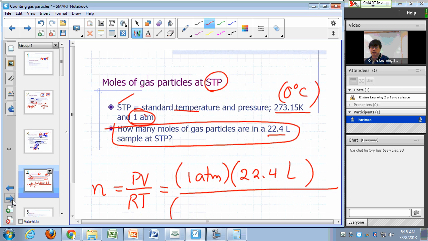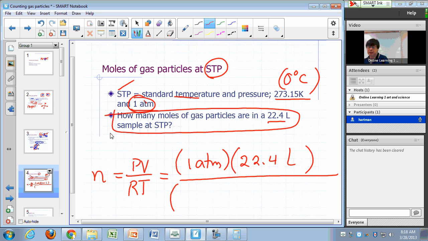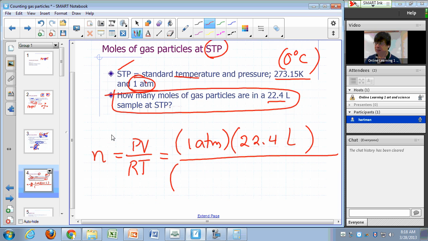By the way, I expect you to memorize that, because you use it so much, you might as well memorize it. 0.08206 liters times atmosphere per mole per Kelvin.